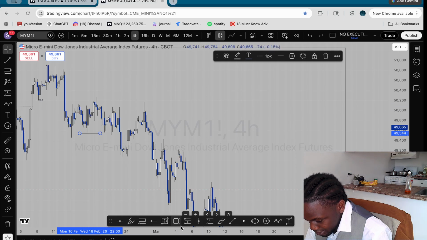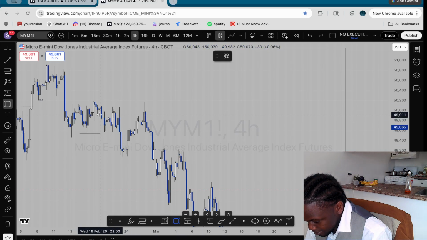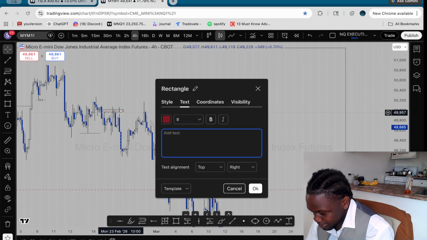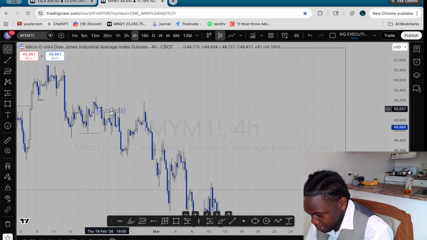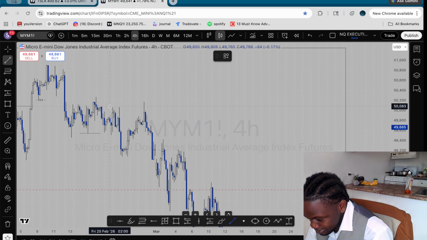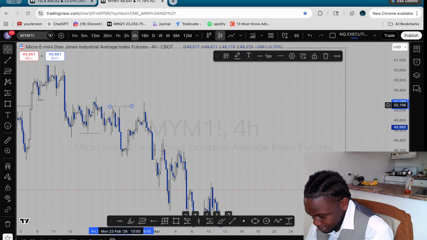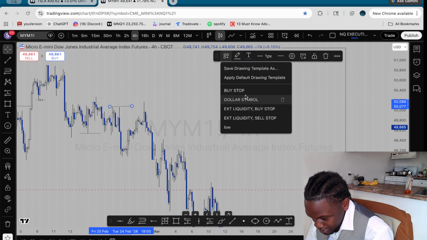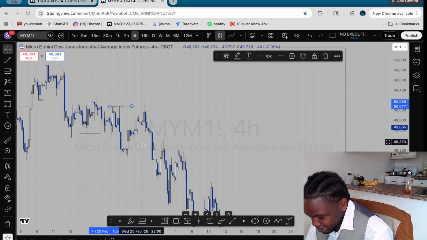Price trades into a gap right here, falls lower, then retraces upwards, takes out these highs, and then continues lower.